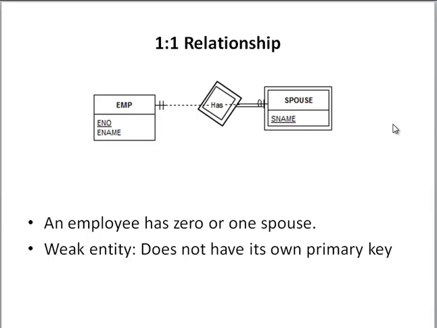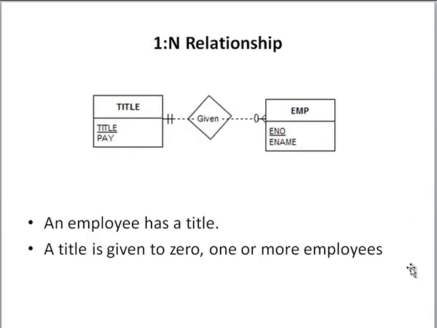So here we see, for example, spouse does not have its own primary key. Yes, this can be confusing, I agree.